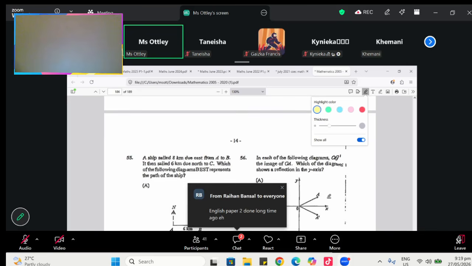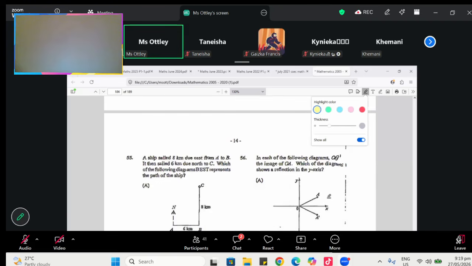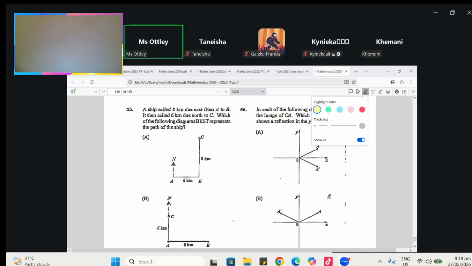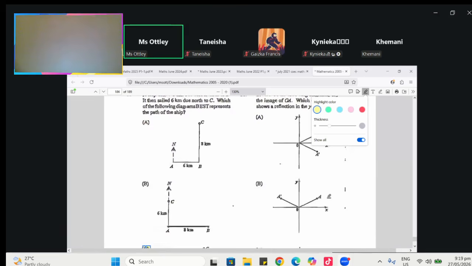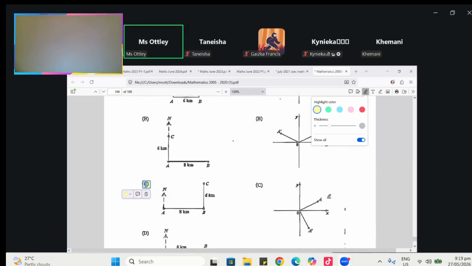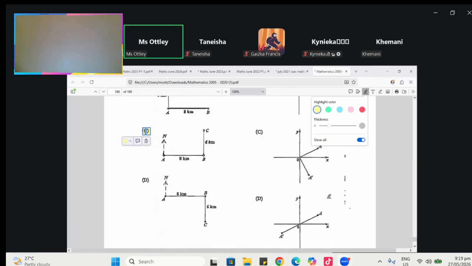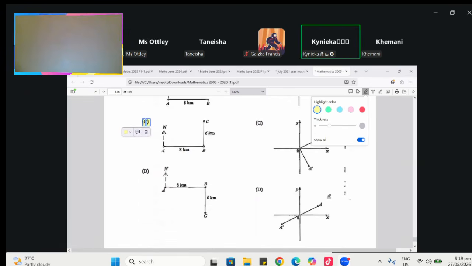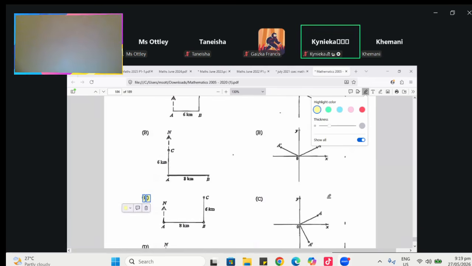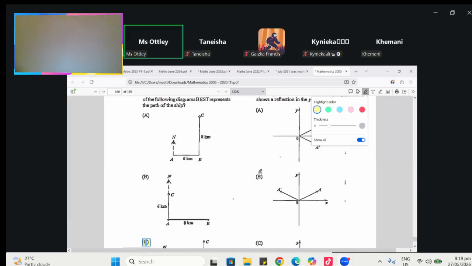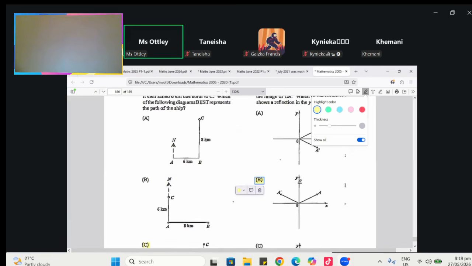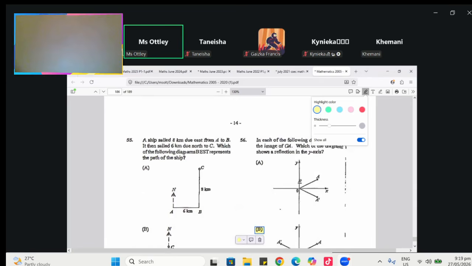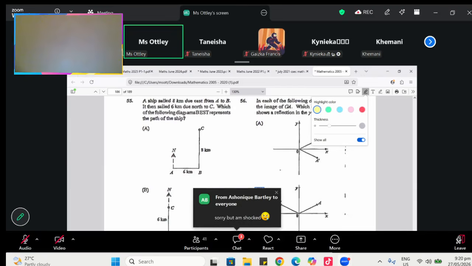So look at A. Remember, we're looking for reflection in the y-axis, right? B, C, and D. B as in boy. Reflection in the y-axis would mean that my y-axis is my mirror line.